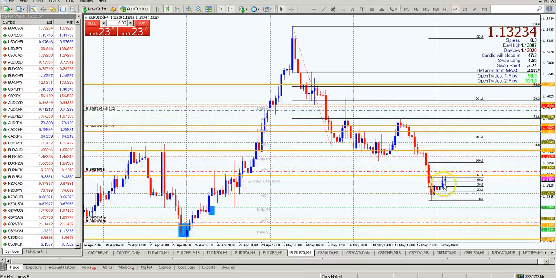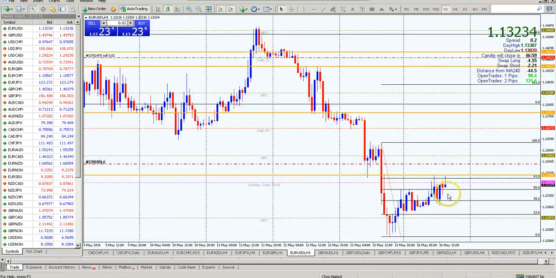So watch this, get ready to take a trade, look for your candlestick patterns. Starting to shape up here, a failed inverted hammer, hanging man, whatever you want to call them. But look for your pattern. We've hit 61.8, so we have a full retracement, and we should be getting ready to go short.